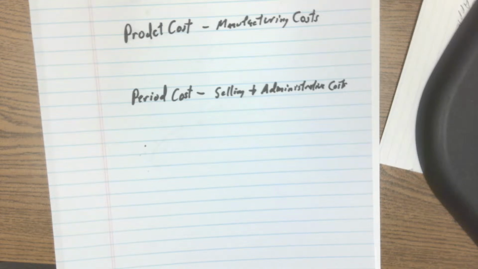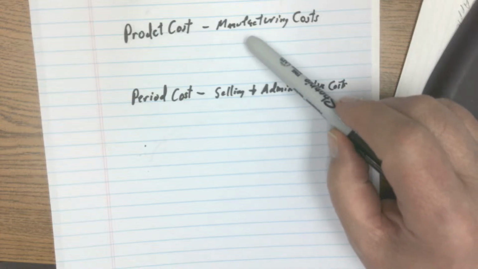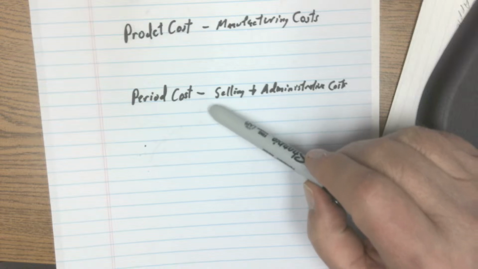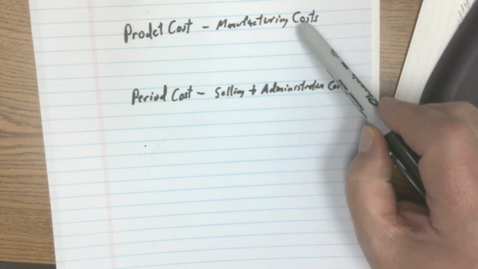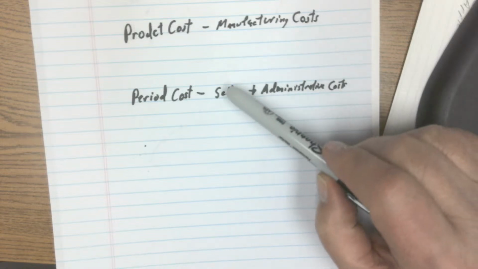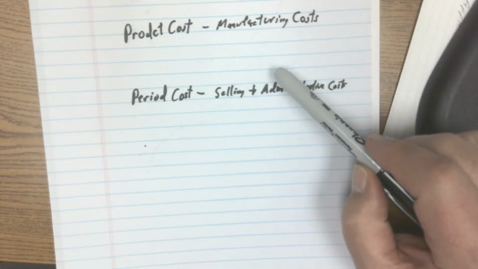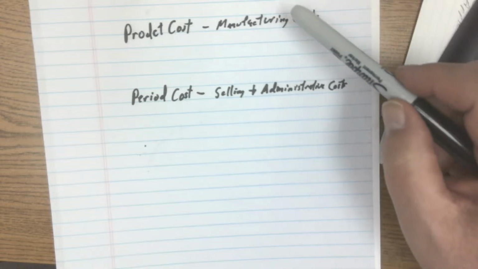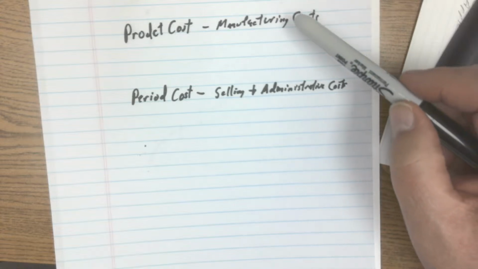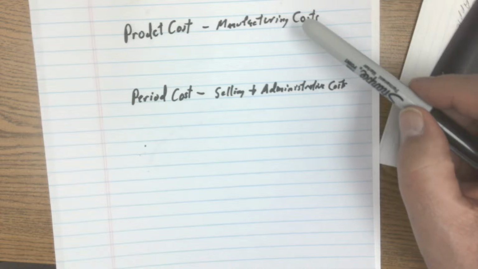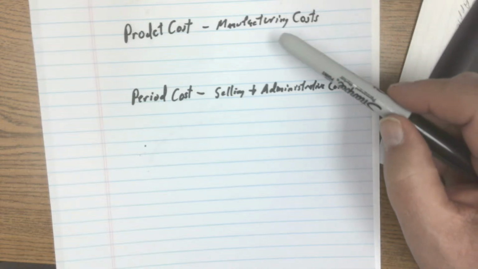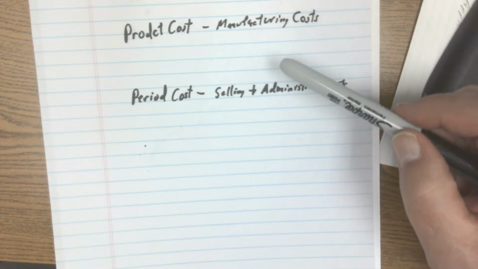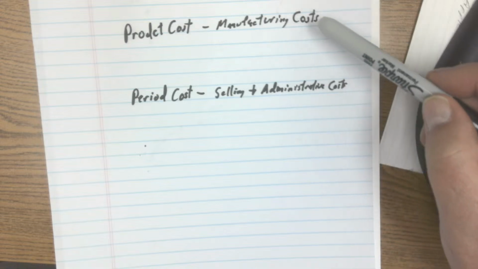And that kind of makes sense because the product cost, remember, if we don't sell it, it goes into inventory. Well, we don't have any selling costs associated with something that goes into inventory, right? We don't associate the selling cost until we sell it. The administrative costs, well, that's going to happen over a period of time, regardless of if we manufacture and sell 1,000 units, manufacture 1,000 units and sell 800 units, or manufacture 1,000 units and sell 1,100 because we pulled 100 out of inventory to sell.